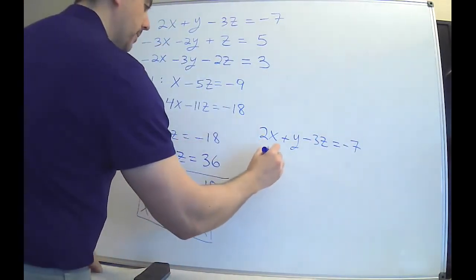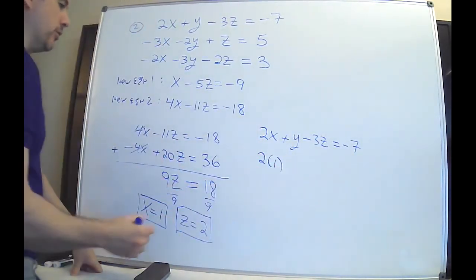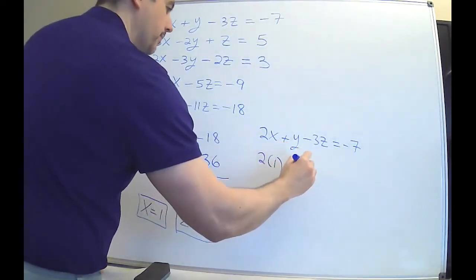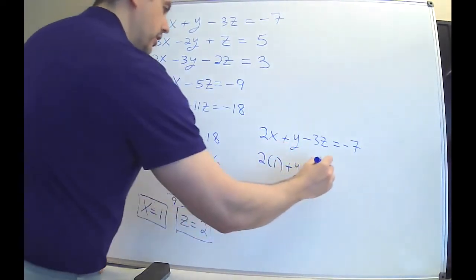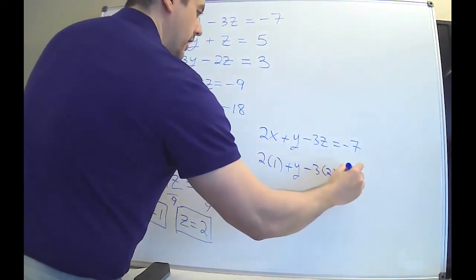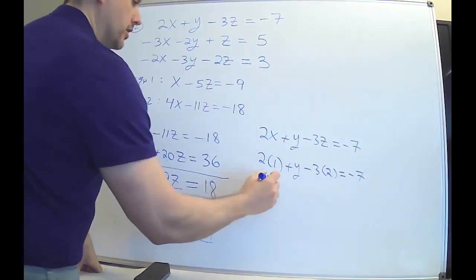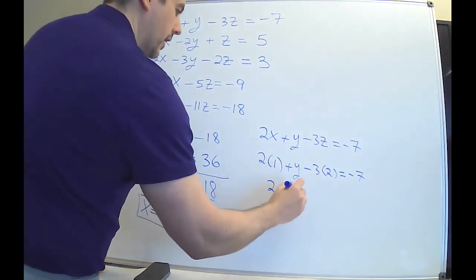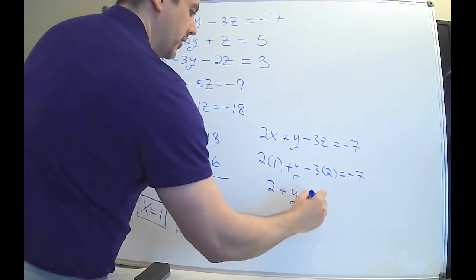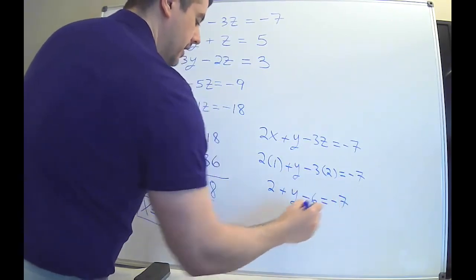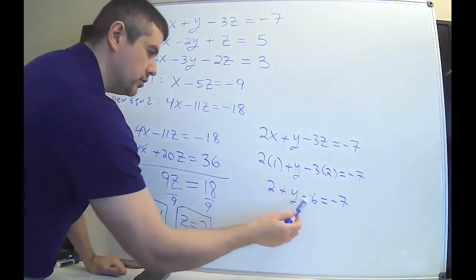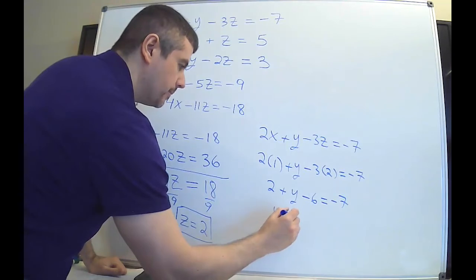X was equal to 1. So replace the x with a 1, right? Substitution. Replace the z with a 2. I have no idea what this comes out to. I don't remember. 2 times 1 is 2. Get y. Negative 3 times 2 is negative 6. You gotta be careful here. So on that side, you have a 2 take away 6, which is negative 4.